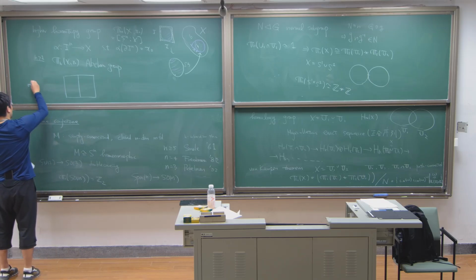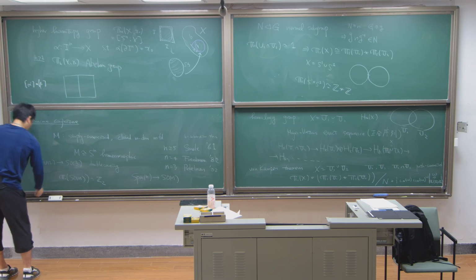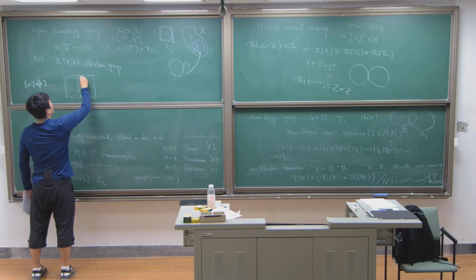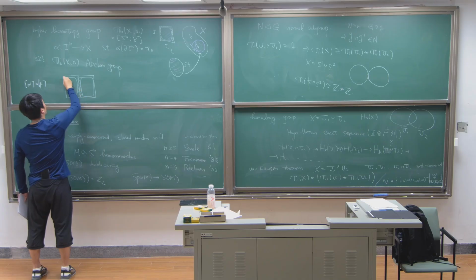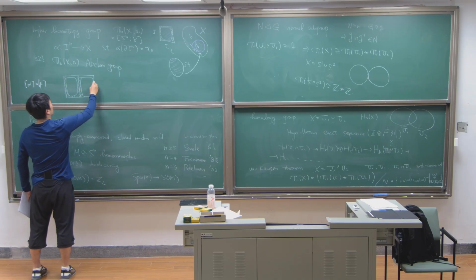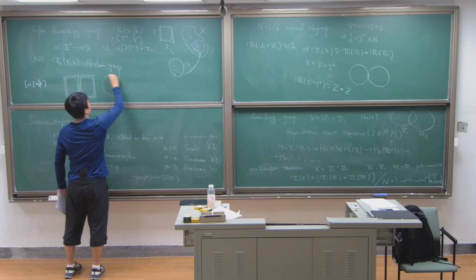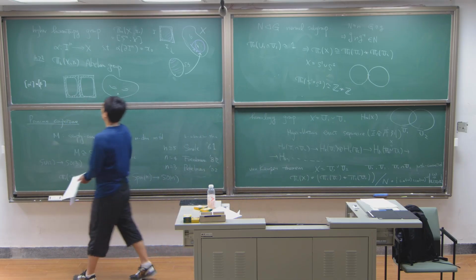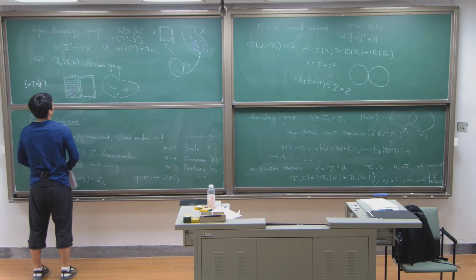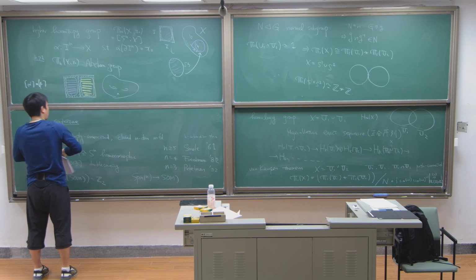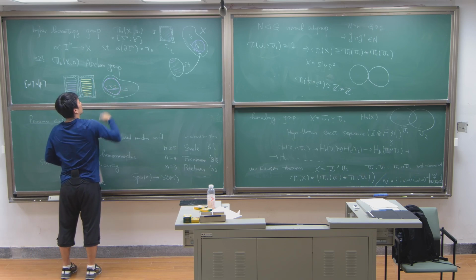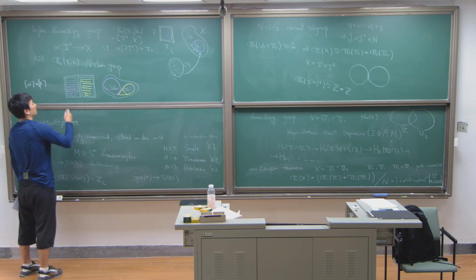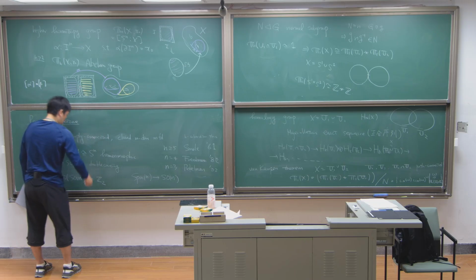So alpha dot beta is essentially, alpha is mapped this way, and beta is mapped this way. This is alpha, and this is beta.